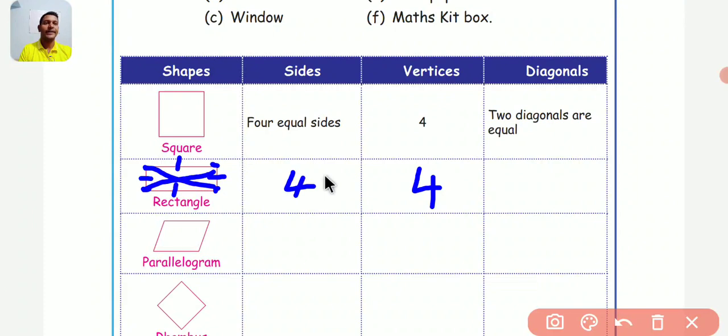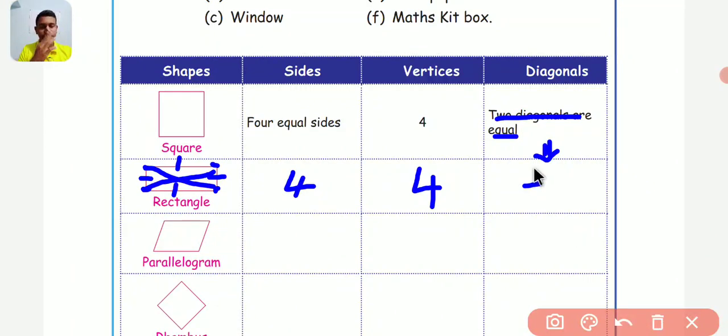That line is called a diagonal. In a rectangle, two diagonals are also equal. Same thing as the square, you have to write this line here.